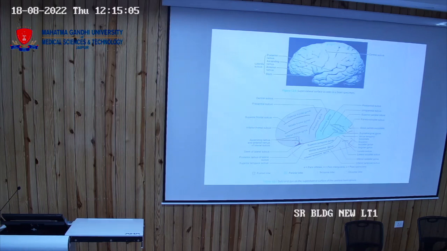See the diagram. Which one is longer? The posterior ramus. A and B are very small. The posterior ramus of the lateral sulcus is longer.